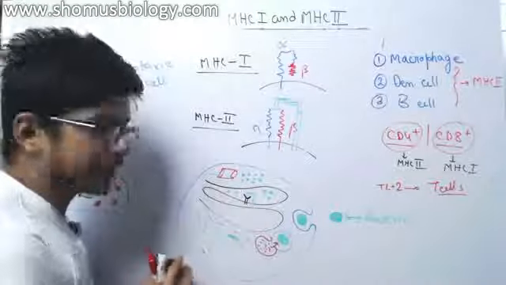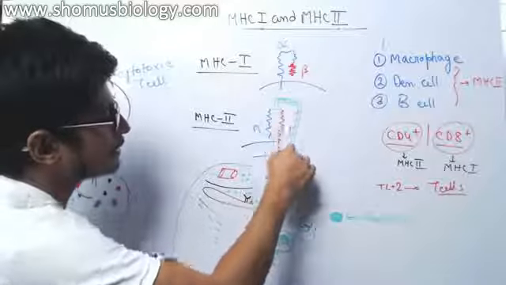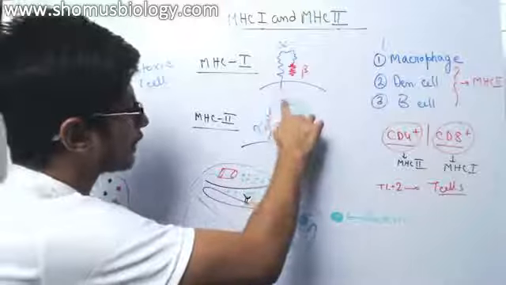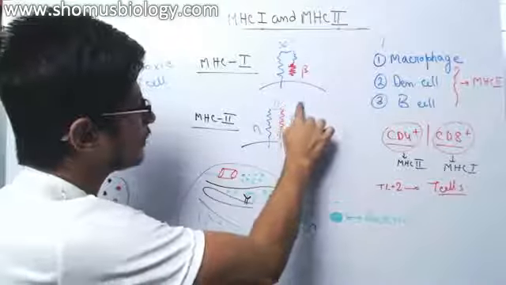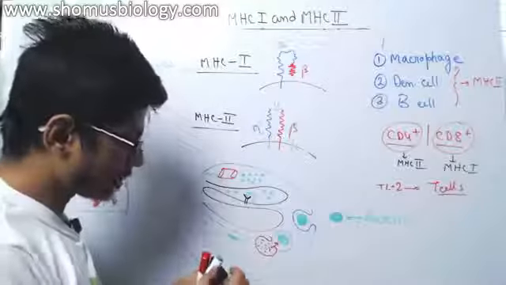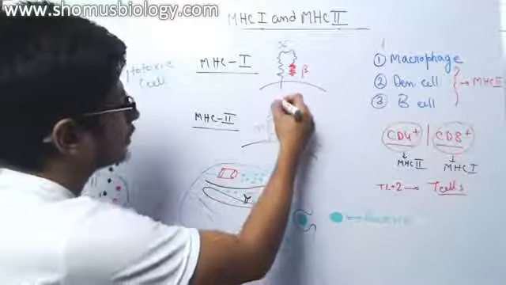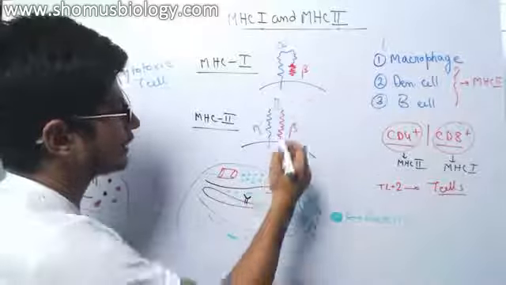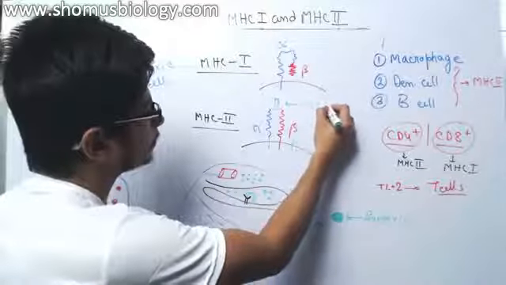Now once they bring them, this invariant peptide chain that we have is broken by subsequent release of proteolytic enzymes. But even after it's broken into fragments, it still has some portions left, and this portion is known as CLIP.